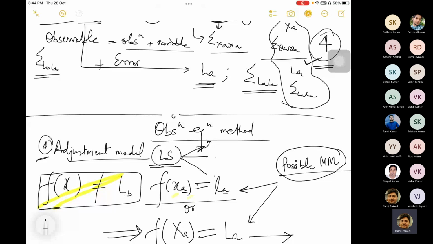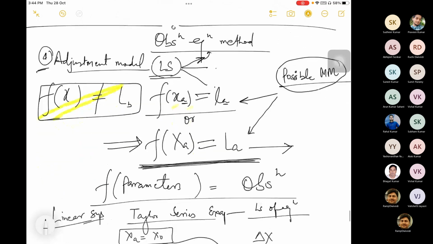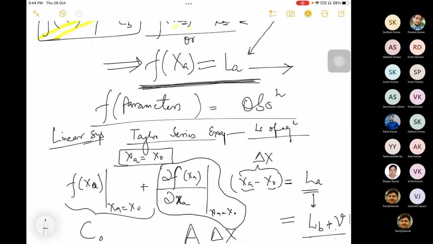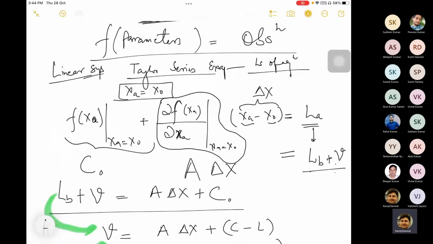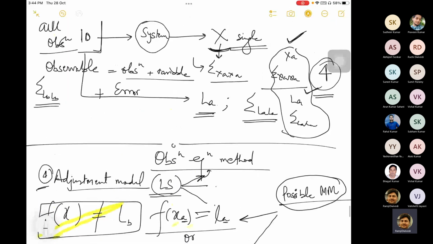It will depend on the observation, you said? Yes, sir. That's right, that's what I'm confirming. If you are saying it is based on the size of observation, the answer would be n cross 1.